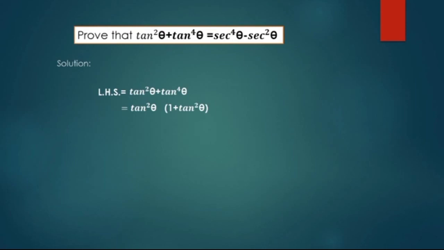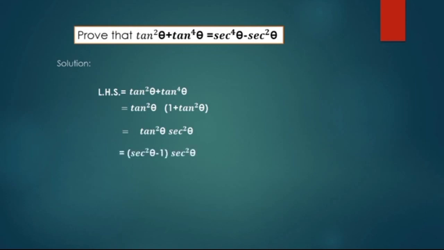From trigonometric identities, 1 plus tan square theta is equal to secant square theta. So that tan square theta into secant square theta. With the help of trigonometric identities, we can write tan square theta as secant square theta minus 1.